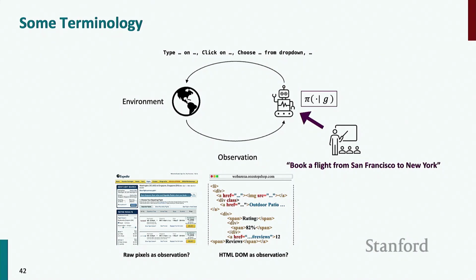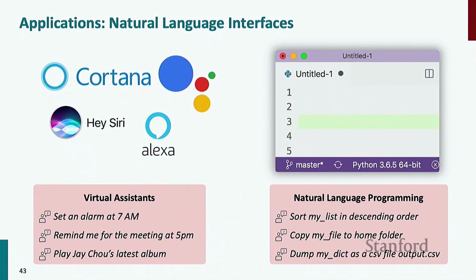And the action space, if you're looking at these web environments, could be typing on specific web elements, clicking on web elements, moving your mouse to a certain web element to interact with it, and so on. And this has a vast number of applications. I don't think I can cover all applications, but we can look at some.